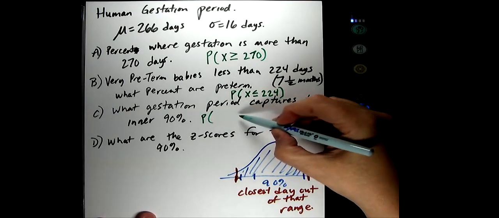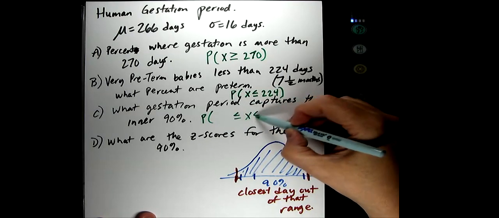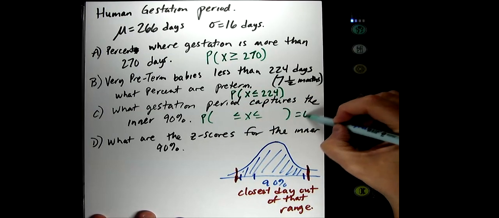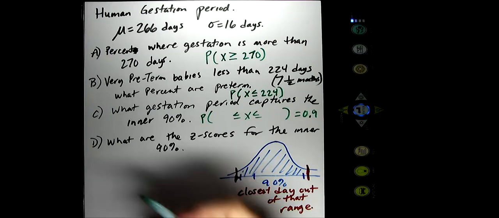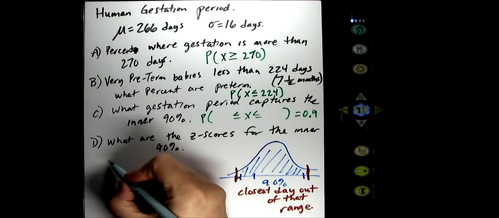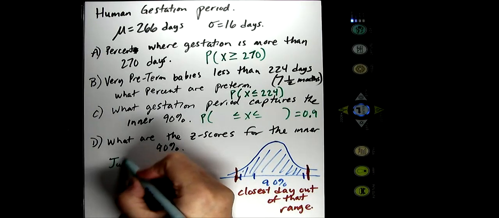On C, we're looking for a between thing, where this equals 0.9, and we need to round to days that are outside. Z-score, we won't bother. Just leave as is, don't shift the days.